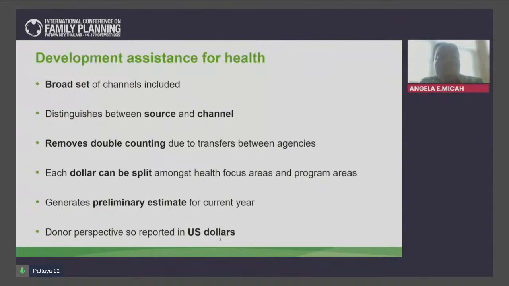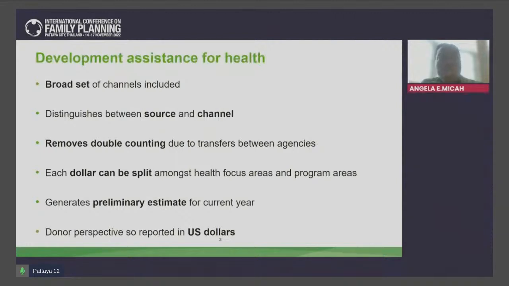And then we also split each dollar amongst the various health focus areas and program areas that we track, and generate preliminary estimates for the most recent full year.